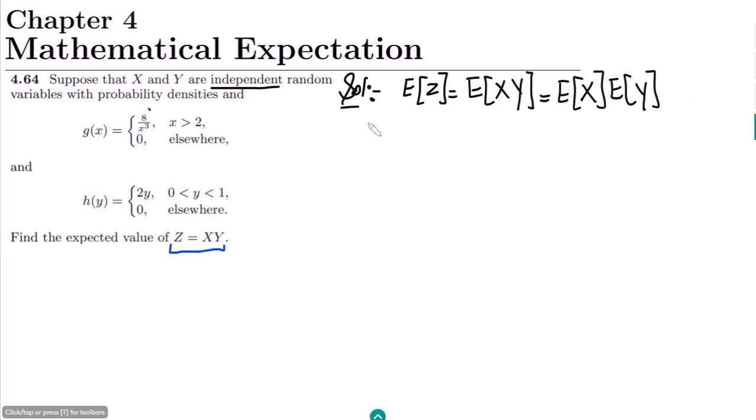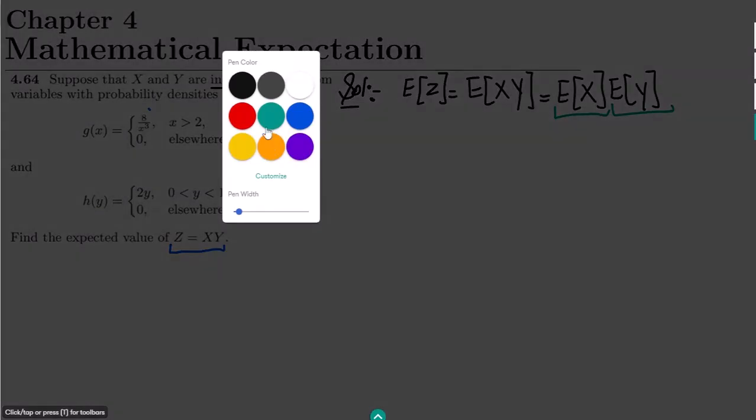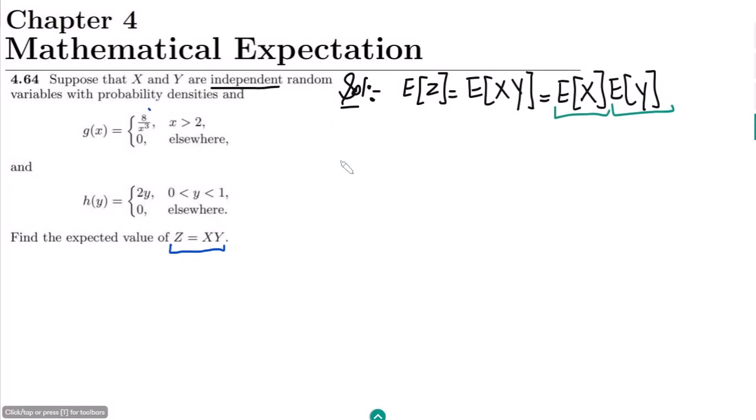So for it, we have to find E of x and E of y separately. Let us first find out E of x, which will be the integral of x times g of x dx. Let me define the range, and the range of it is from 2 to infinity.